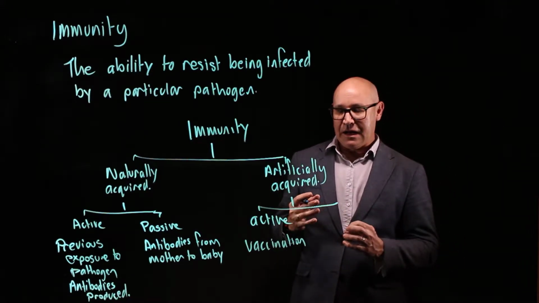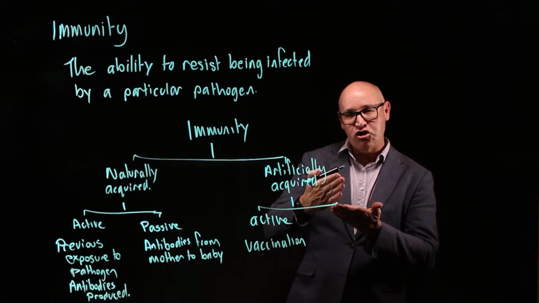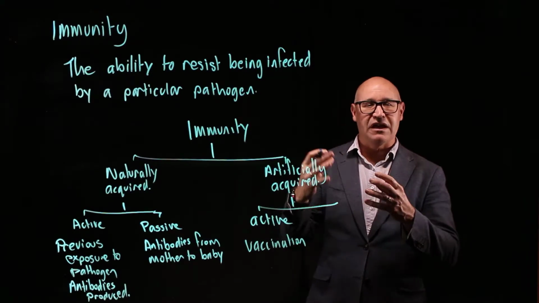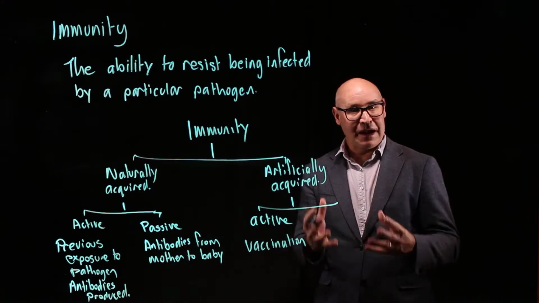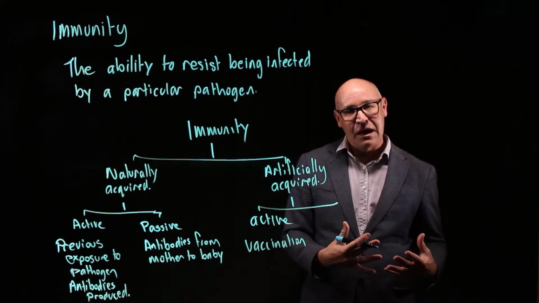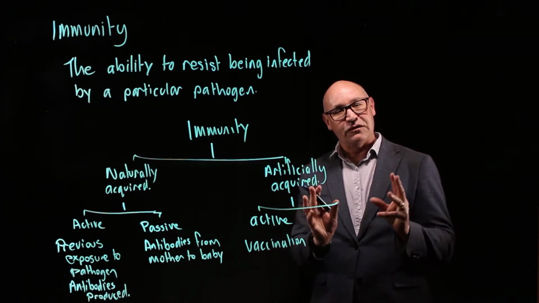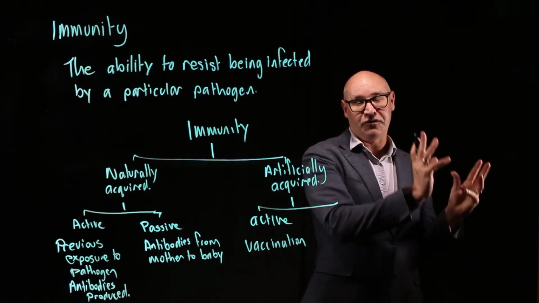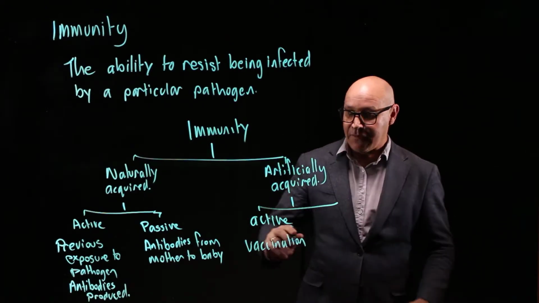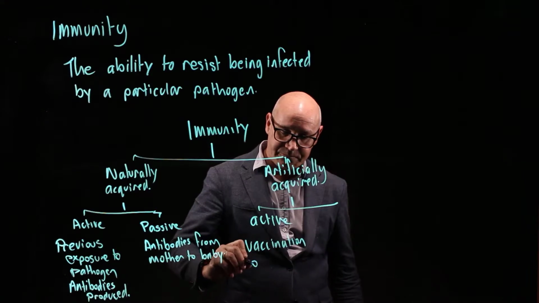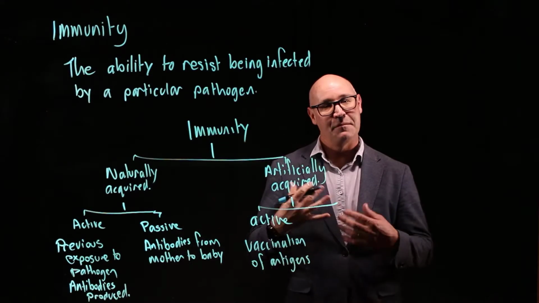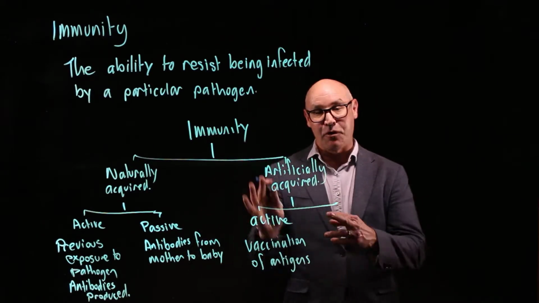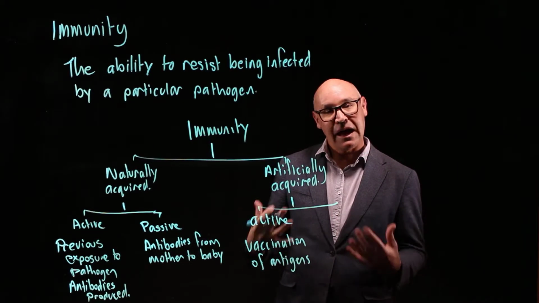The pathogen's been chopped up, or it's a weakened or killed version of the pathogen. So it's not going to make you sick, but it has the antigen, so it's going to trigger the production of the specific antibodies. With vaccination of the antigens for particular pathogens, the body actively makes antibodies.